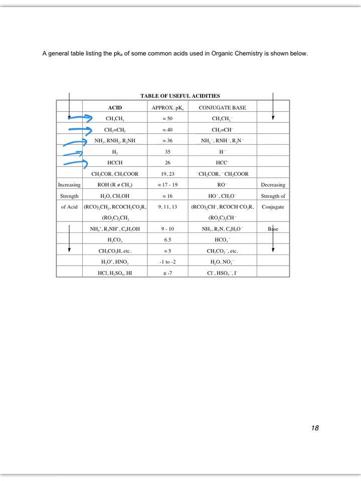And then we'll get into an alcohol, taking a hydrogen off of an oxygen, and then down here the protonated amines, ammonium salts, and carboxylic acid, and then our strong acids down here at the bottom.